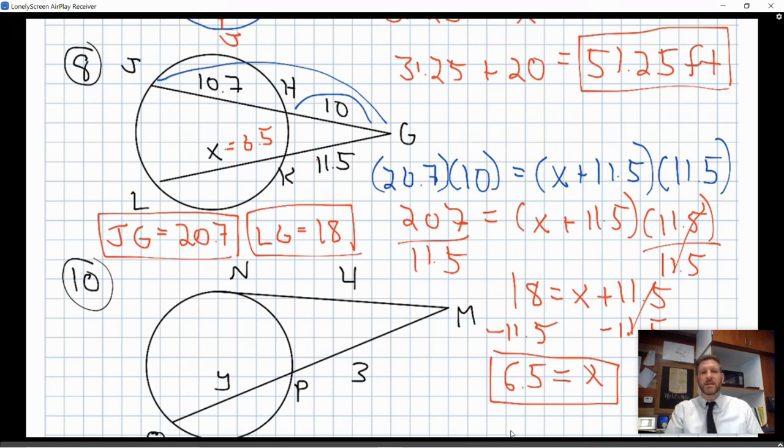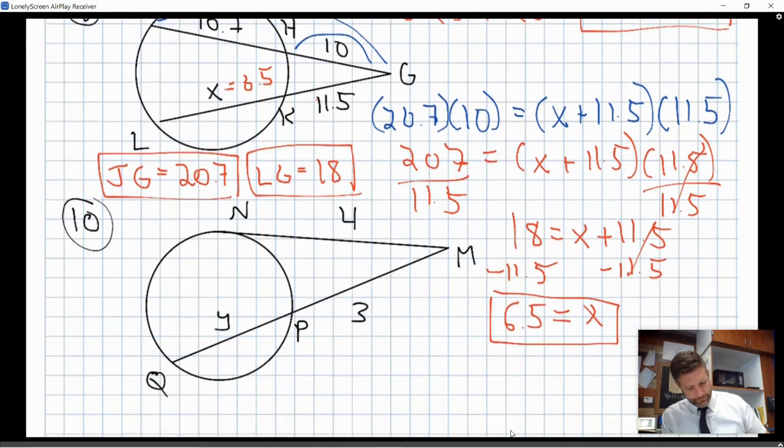Okay, so there's my two secant distances as well as my x. Now it's a little more complicated because you have that addition fact that you're going to add the chord plus the piece that's outside. And so the solving of these looks a little more complicated, but you can see it's just a matter of setting it up. You divide and subtract. And we'll see number 10 is somewhat similar.